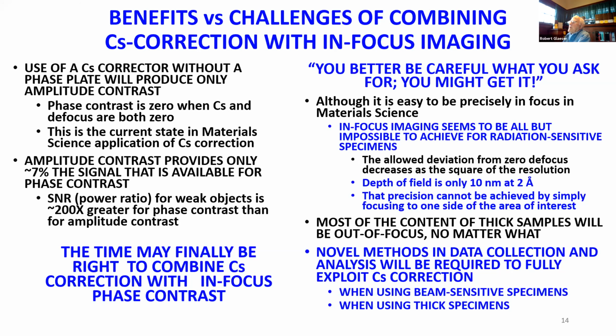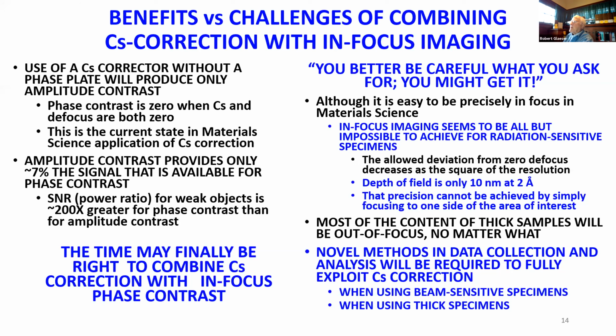Furthermore, if one thinks of looking at thick objects that are a couple of 100 angstroms in thickness, or even tomograms where the samples used for tomography are 1,000, 2,000 angstroms thick, there's only a limited slab within a thick object that will be in focus, and all the rest will be out of focus. So these are challenges, and you have to really think through in advance.